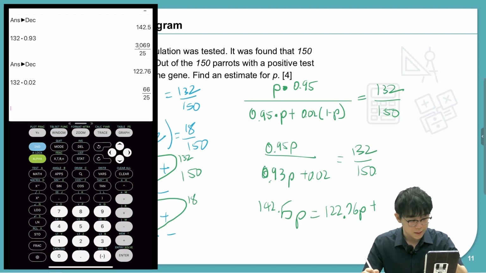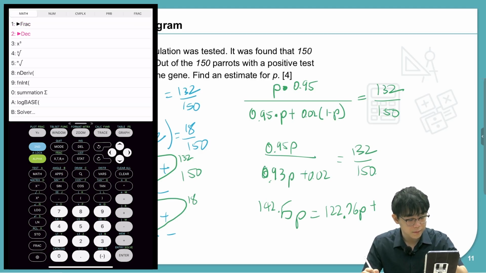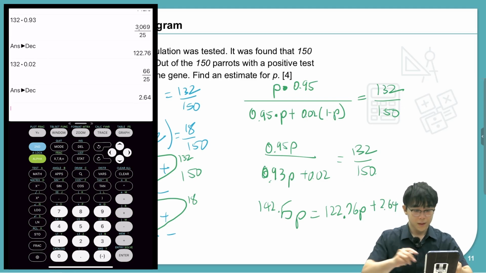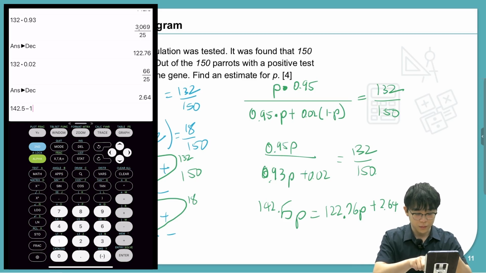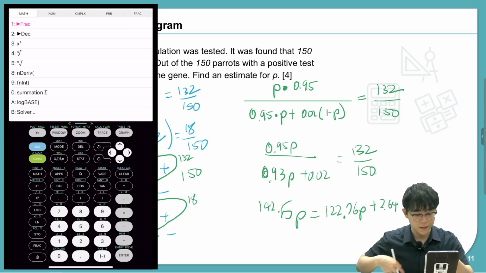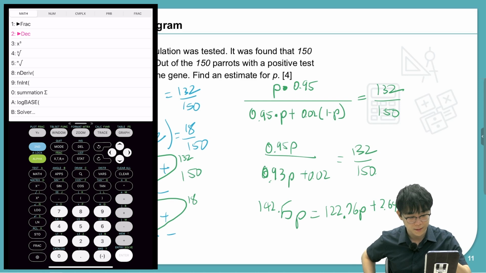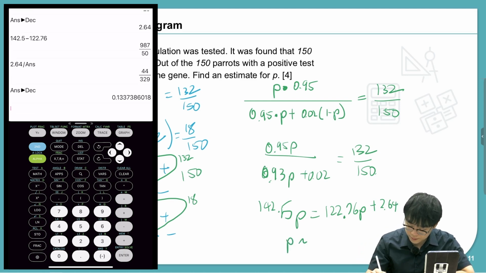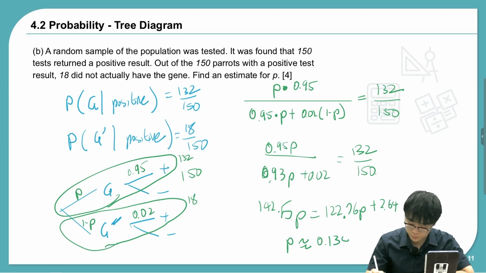That's like 66 over 25. So that's like 2.64. So we have 142.5 minus 122.76. So if you do 2.64 divided by this number, that should give you the correct value of P, which is 0.1337, or P is roughly 0.134.